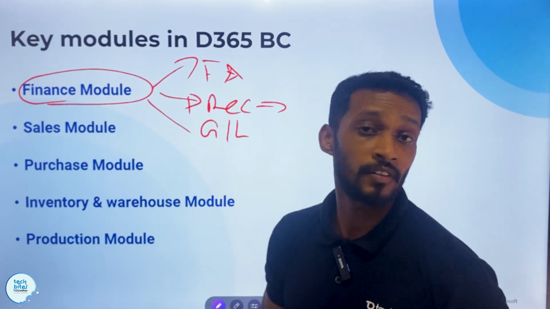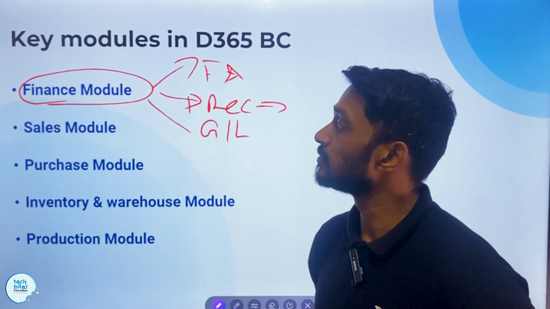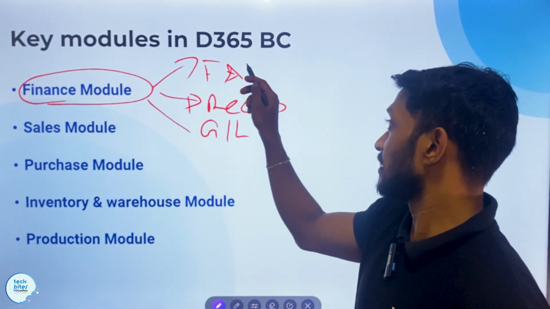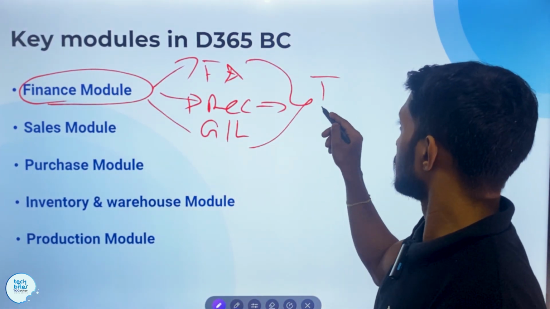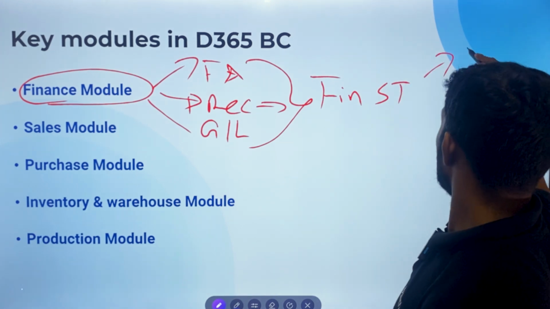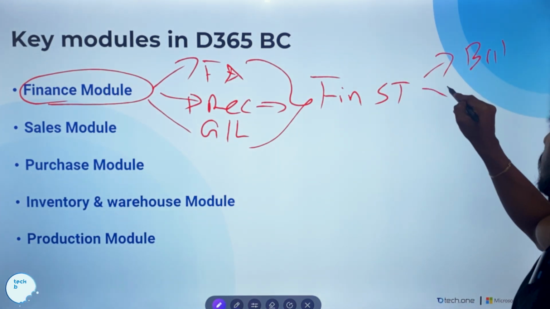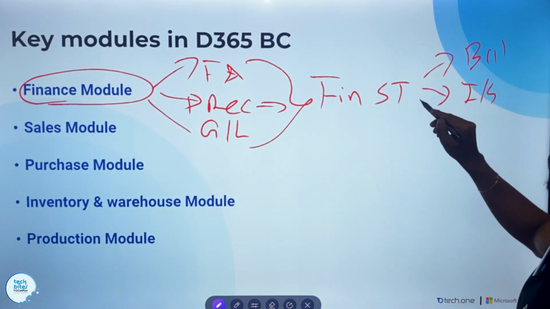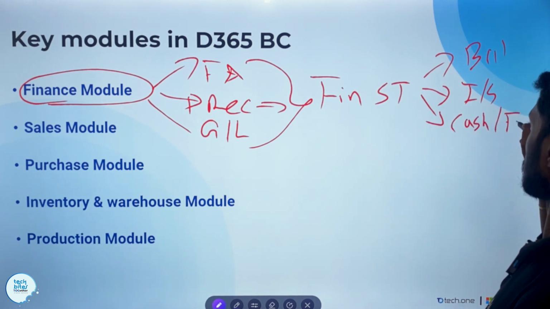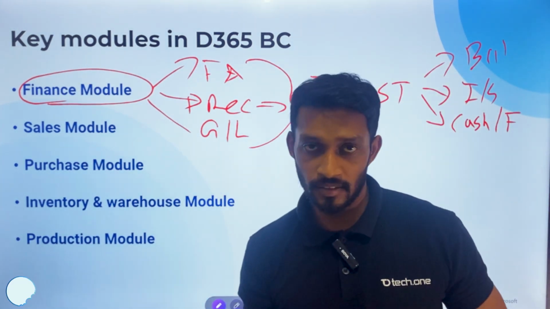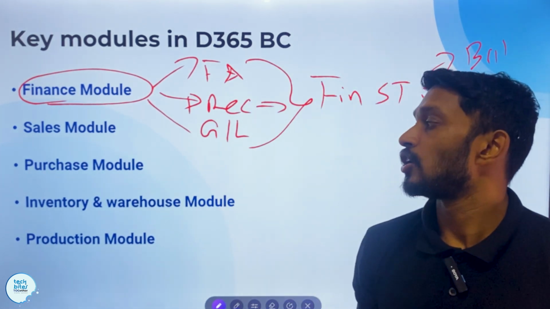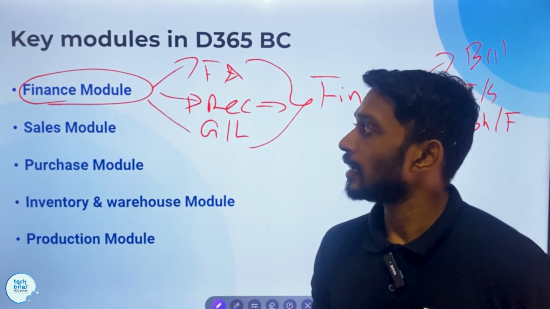There are a lot more options available in D365 Business Central than I'm talking about here, especially the financial statements: the balance sheet, income statement or P&L, and cash flow statement. You can get a lot of management information reports from Business Central.